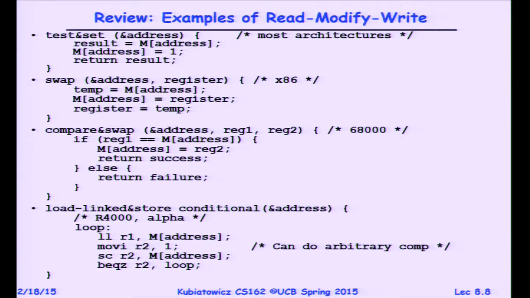Okay? That's a pretty powerful single instruction. All right. Now, the last one here is kind of a cool idea called load linked and store conditional, which takes a single address. And the idea is you load, think of this as assembly language, load linked the value in the memory into a register, and do whatever you want for a critical section.